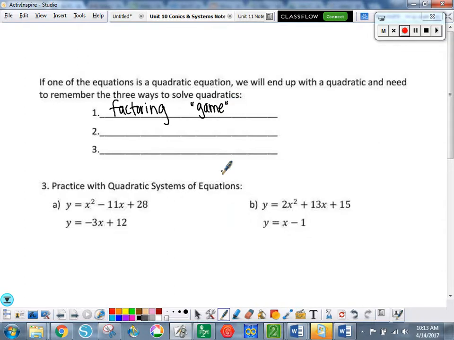You could solve it by completing the square, which we won't do. Or there was the last way. Quadratic formula, good.